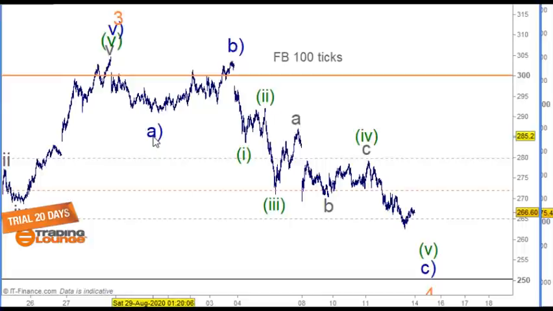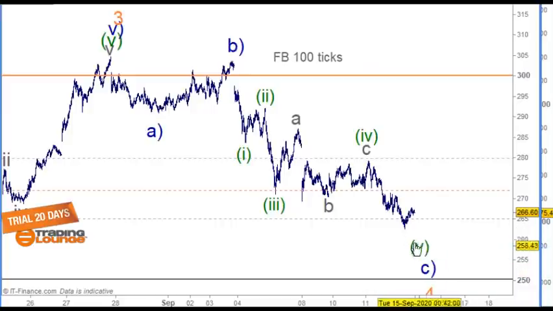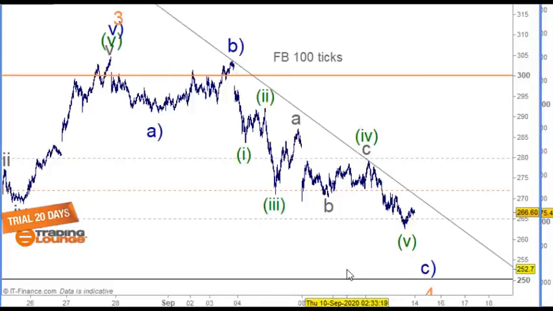So in this case, this is probably one of the better counts, where we can look at this as an A wave, a B wave here, and then 1 and 2 and 3, an A and a B and a C here for wave 4, and then 5 waves down for wave 5. So we could even have a low in here at this point. We don't have any evidence of a move up just yet. And this could also just keep continuing to the downside as well. We just don't have a clear break to the upside for these markets just yet.